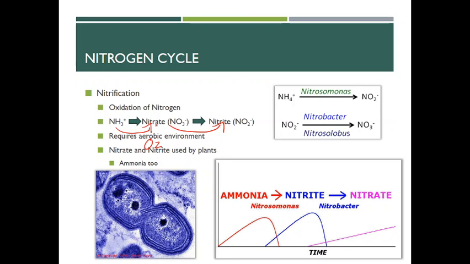So the nitrate and the nitrite can also be used by plants. Remember, ammonia can be used too. Plants prefer to take up ammonia because they have to do less to it, essentially. They don't have to process it before they can actually use it within their tissues.